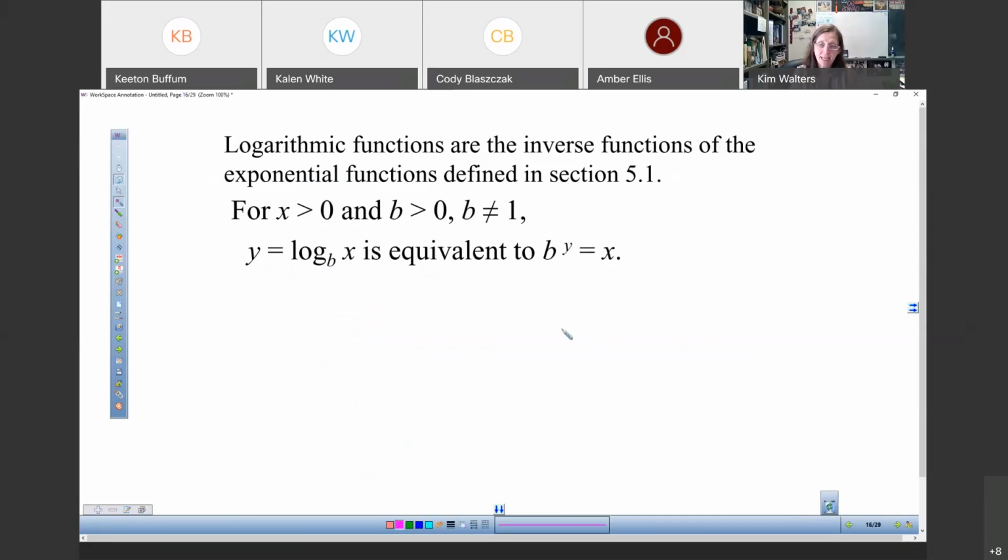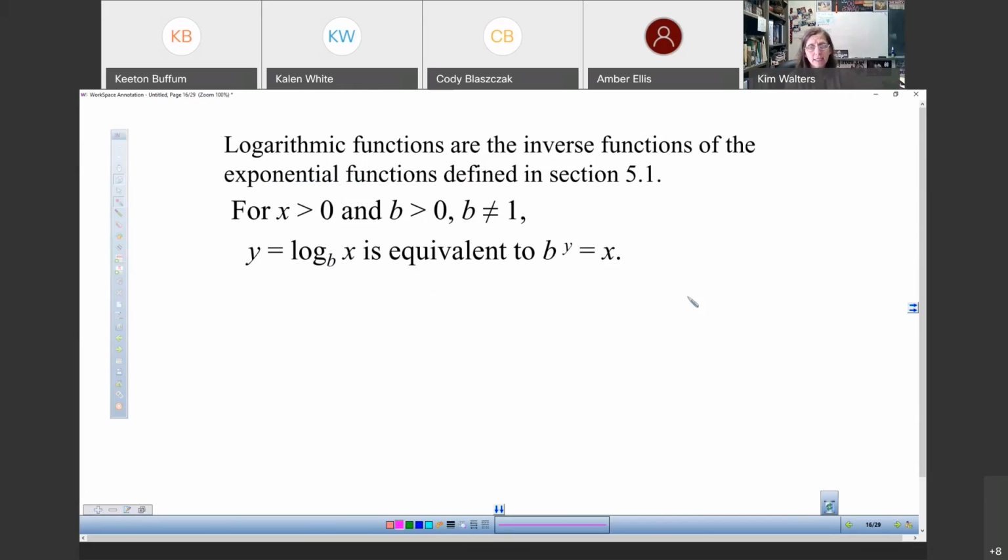But the big thing is you need to know what this relationship is. If you recall, when we found inverse functions, we flip-flopped the x's and y's, and then we solved for y in order to put it into a form that we could recognize as a function. Well, that's what a logarithmic function is. It is the inverse of an exponential put into a form that's solved for y.